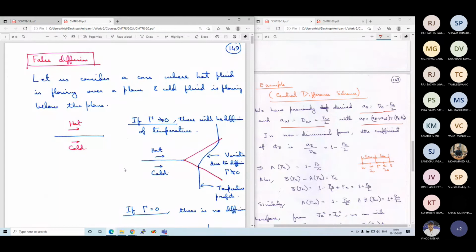If there is no diffusivity, there will not be any heat transfer because there is no flow in the perpendicular direction. Say the hot fluid at 100 degrees centigrade is flowing like this, and the cold fluid, maybe at 30 degrees centigrade, is flowing like this. If the diffusivity is non-zero, which is the realistic case, it means there is conduction.